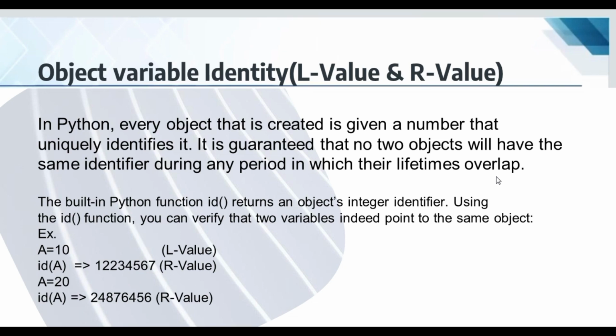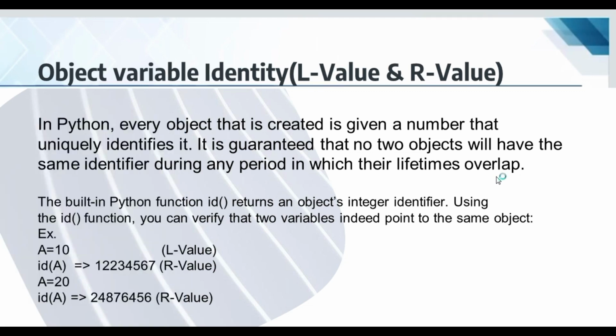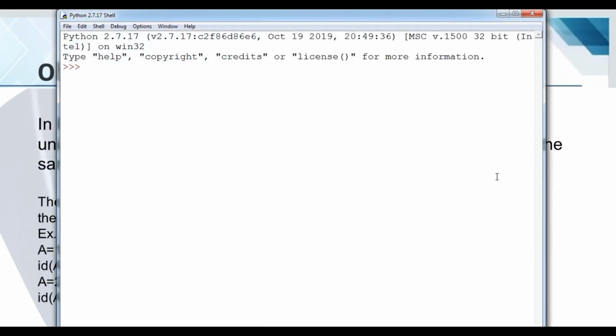To see that, student, we just open Python. Inside it we create variables x, y equals 10, 20. So you know what x is and what y is. Now if I identify their locations, x gives one value, say 780, and y gives 660.